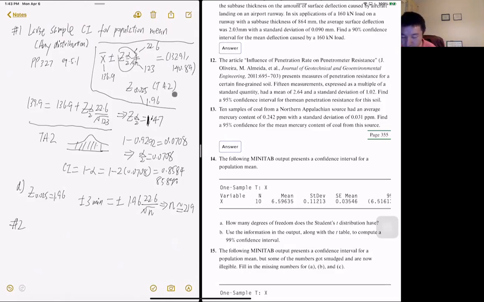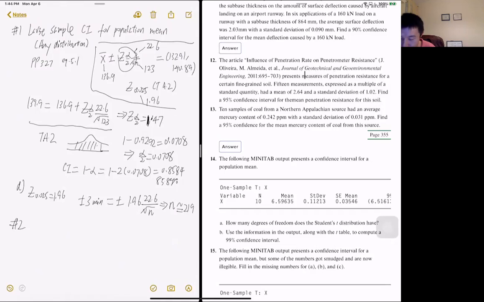So in this question number 12, another article called Influence of Penetration Rate on Penetrometer Resistance, at the Journal of Geotechnical and Geoenvironmental Engineering. So that's the trivial details. The paper presents measures of penetration resistance of a certain fine grain soil.